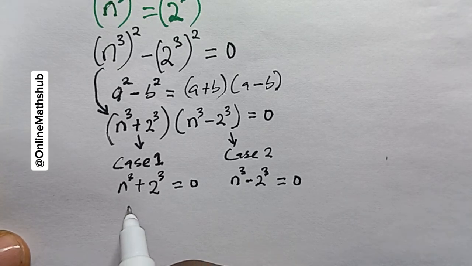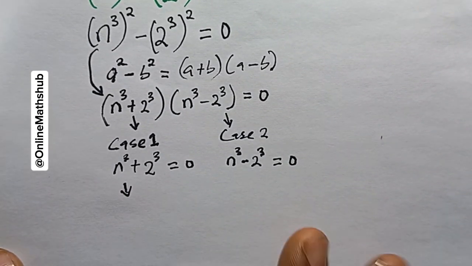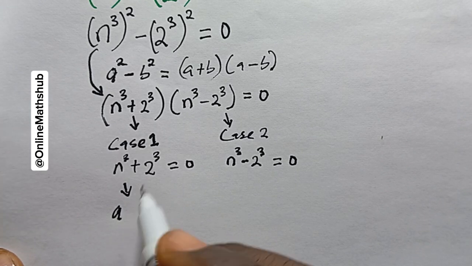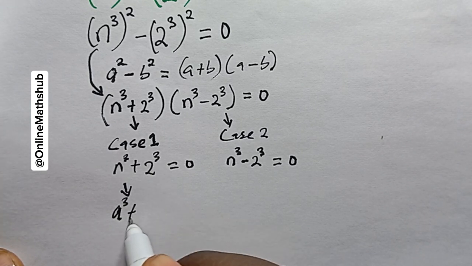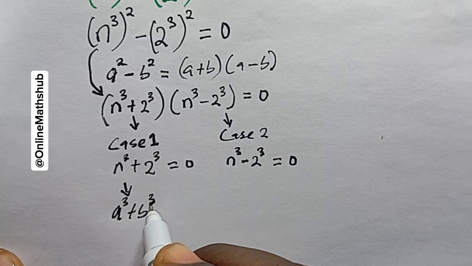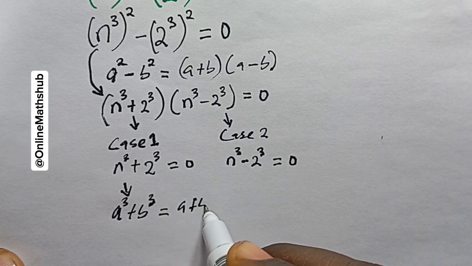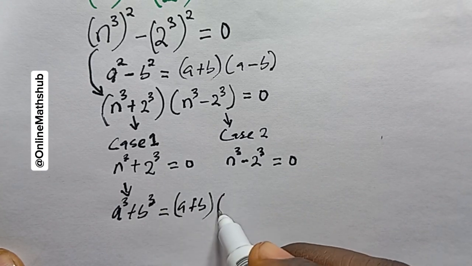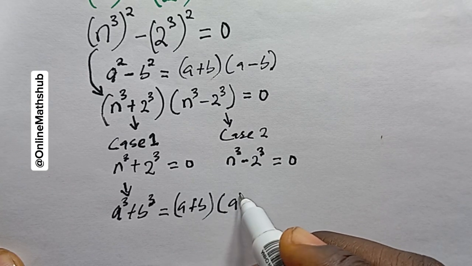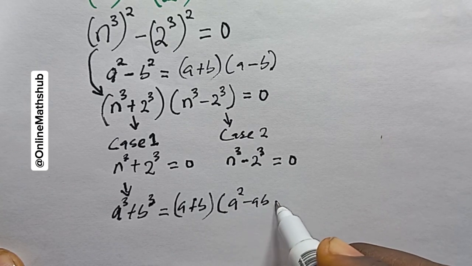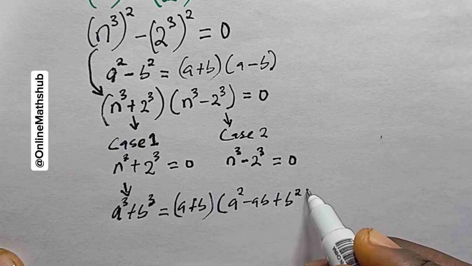So let us solve case 1. To solve this, you need to remember the expansion a power 3 plus b power 3, which you can expand as a plus b multiplied by a squared minus ab plus b squared.